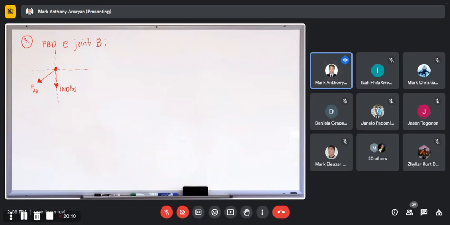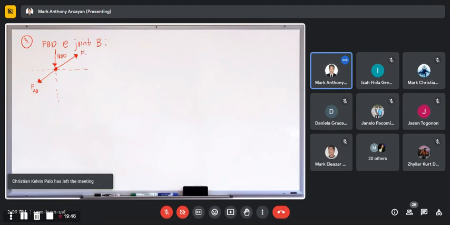Then BC, which we just transfer to the 1,800 pounds. Then we have the force in BD. We just assume that it is compressive, or away from the joint. This is FBD. And for BC, we also assume that it is compressive, so it is away from the joint. This is FBC.